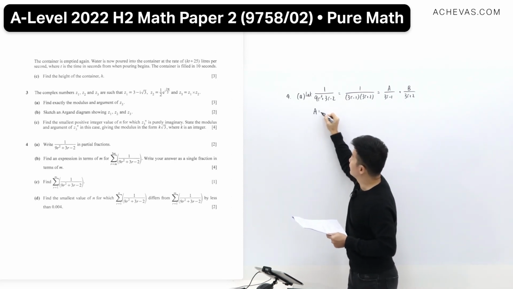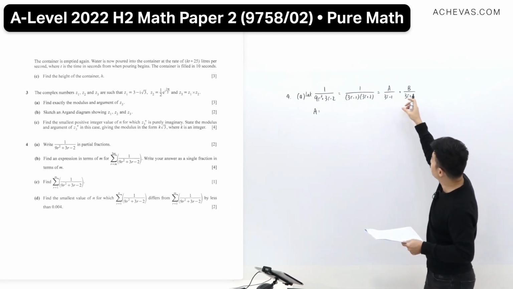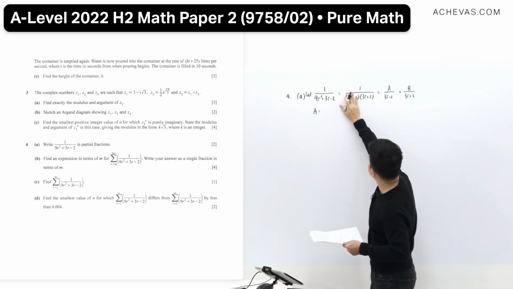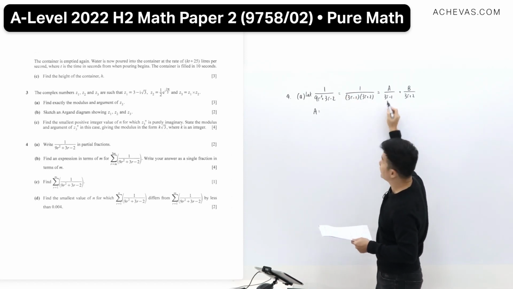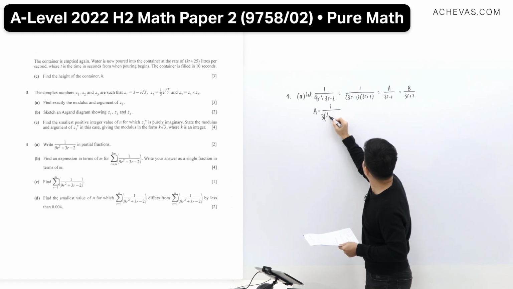And we're going to make use of the cover-up rule that is going to be helping us to find a and b. So to find a, I'm going to cover up 3r minus 1. I'll replace all this r here by 1 over 3. So it's going to be 1 over 3 times 1 over 3, then plus 2.